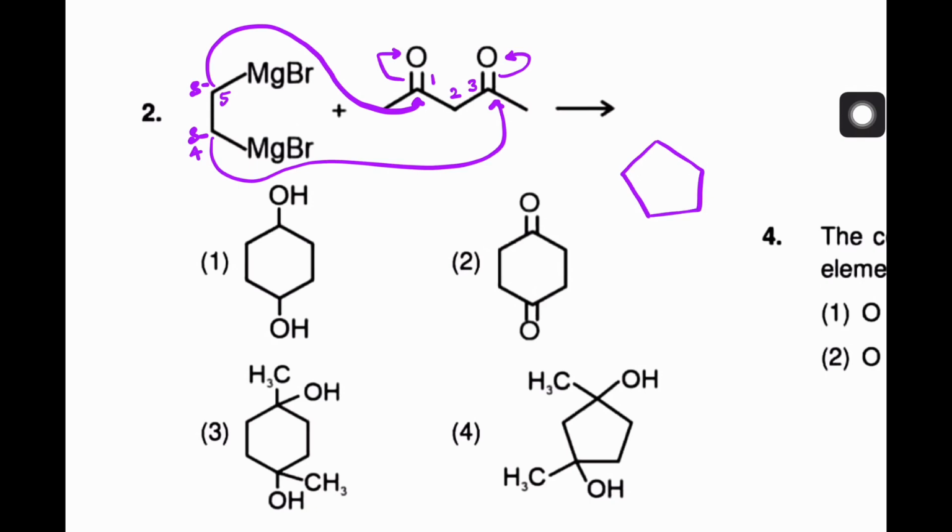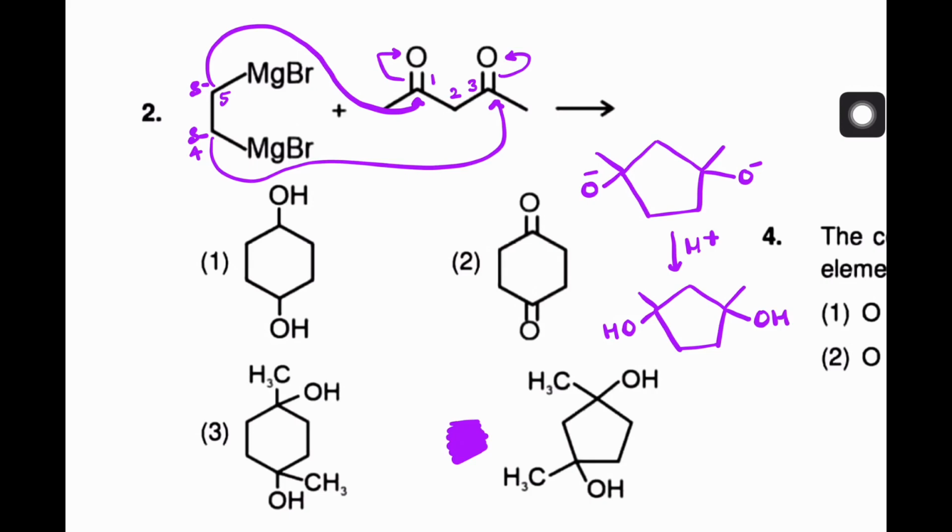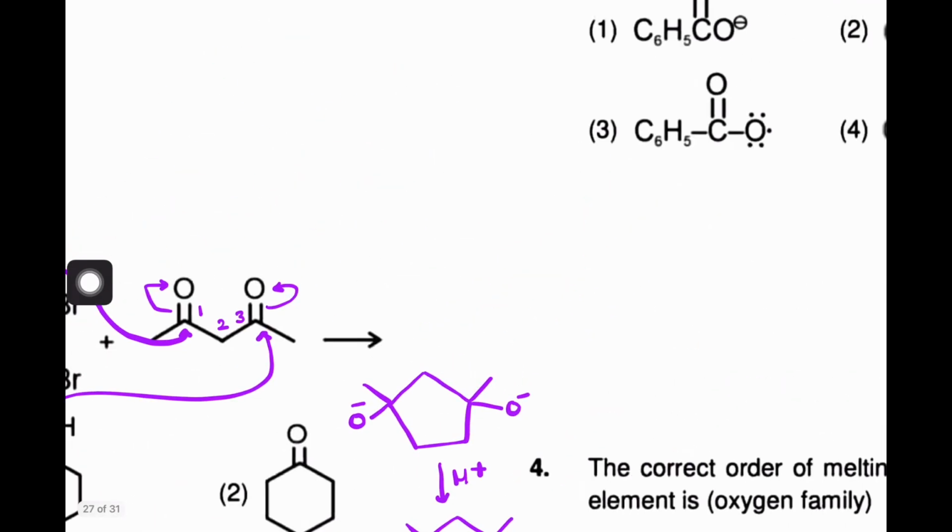On this we have O negative. After acidification, this will convert into OH. So the final product that we will get is this one. If you see, the correct answer is the fourth one. So this is just a nucleophilic addition reaction by Grignard reagent. Next.